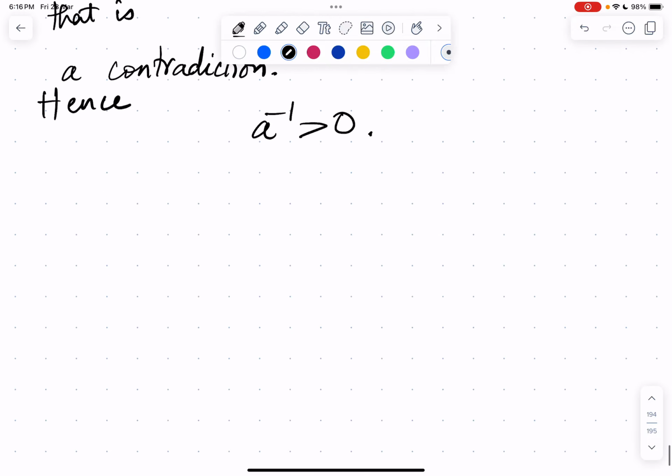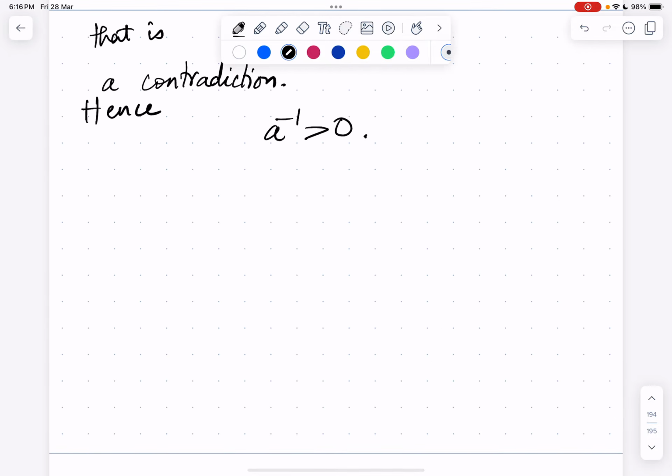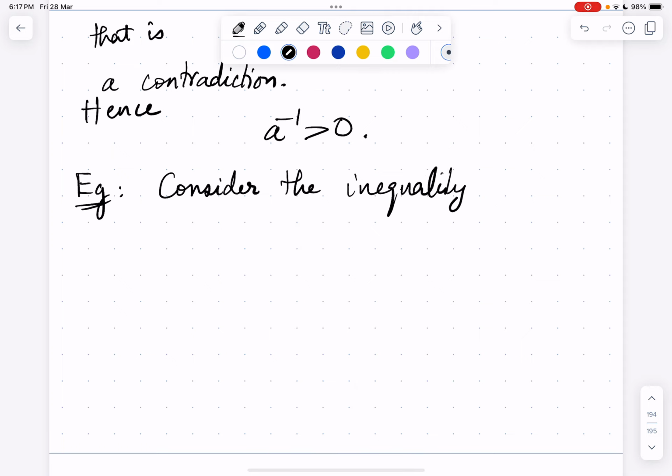Now another example. Consider the inequality 2x minus 4 is greater than 5. I'll write the questions in blue. Can we simplify the inequality?